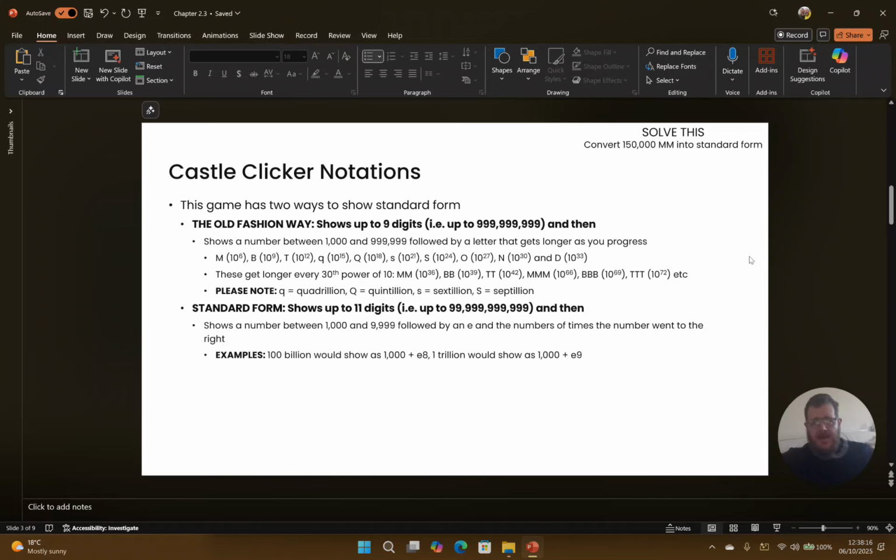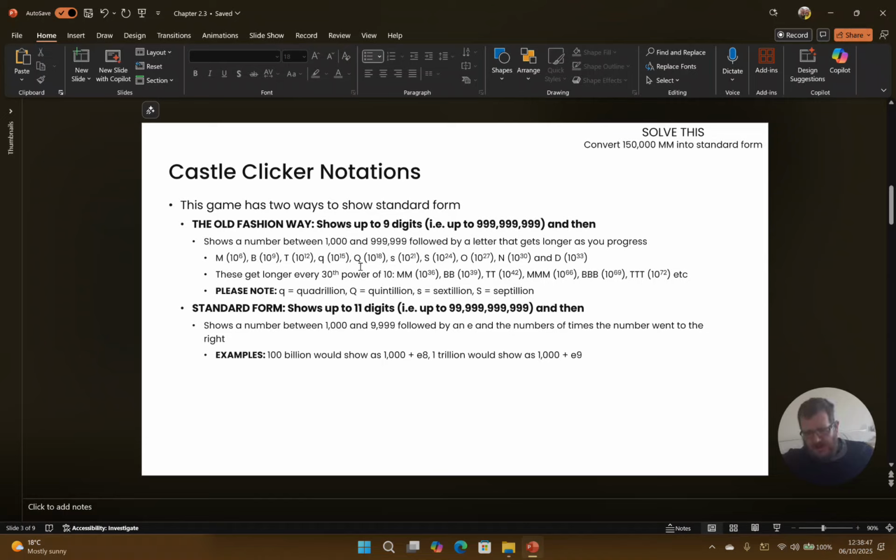Now, I play a game called Castle Clicker, and that has two ways of showing standard form. In the old-fashioned way, it shows up to 9 digits, and then it shows you a series of letters as the number gets longer as you progress through the game, between 1,000 and 1 less than a million.